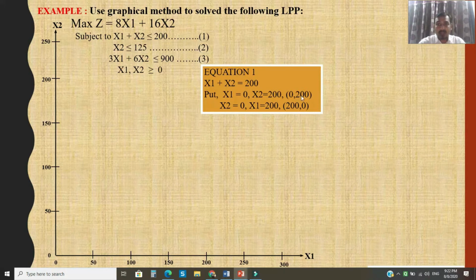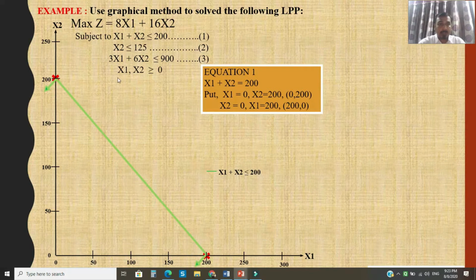This is the origin 0, 0. So x1 0 and x2 200 is the first point, and the second is x1 200, x2 0. First we have to put the points. Now we have to draw the straight line passing through these two coordinates.